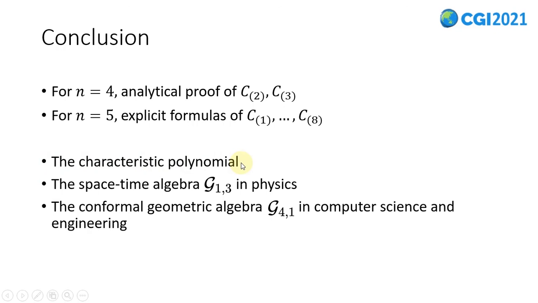It has both theoretical and practical importance. We hope that our result will find its application in the space-time algebra, signature 1-3, in physics, and in the conformal geometric algebra, signature 4-1, in computer science and engineering. We also plan to show explicit formulas of all characteristic polynomial coefficients in the case n equals 6 in an extended version of our paper.